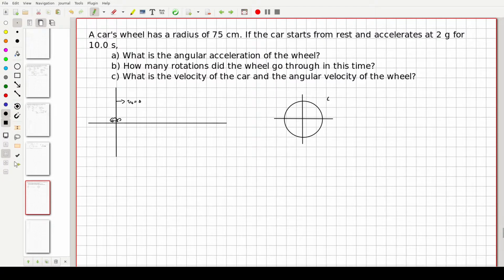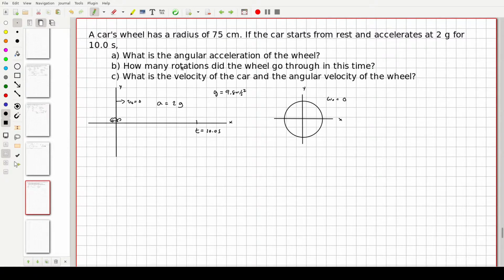That's the same thing as saying that your angular velocity initially is 0. Okay. Now, your car has an acceleration a of 2g. And let's not forget that g is the same thing as 9.8 meters per second squared. Okay. It's going to accelerate. It gets out over here somewhere, and this is 10 seconds down the line.